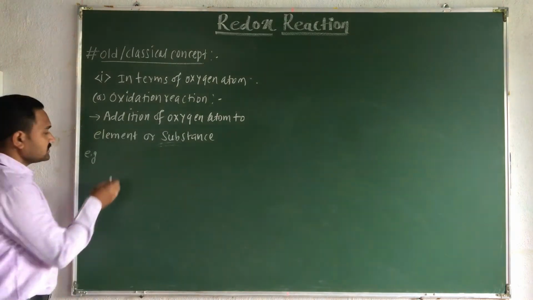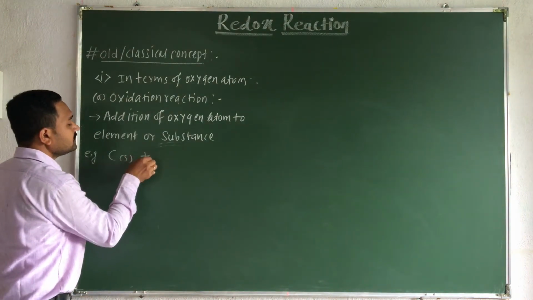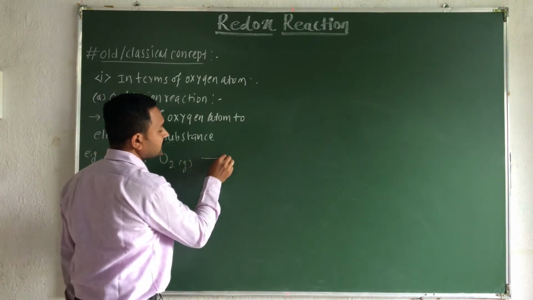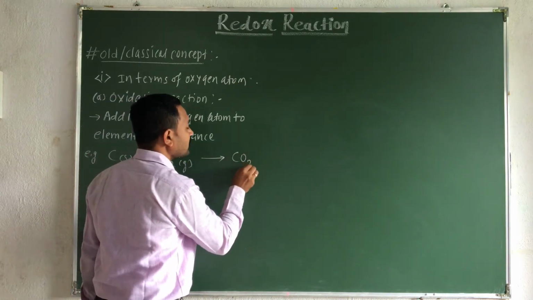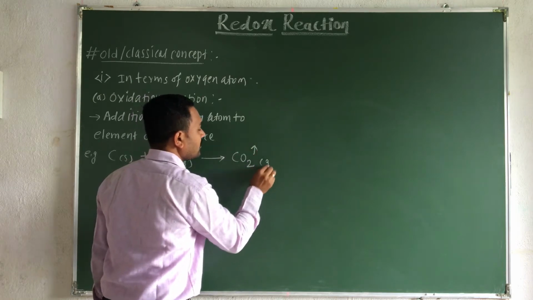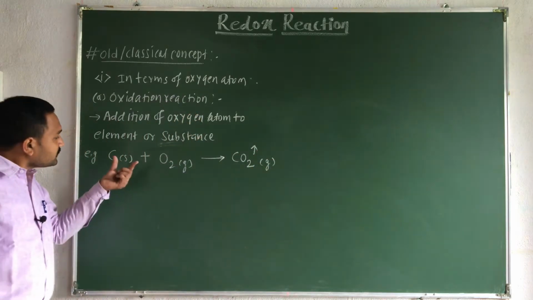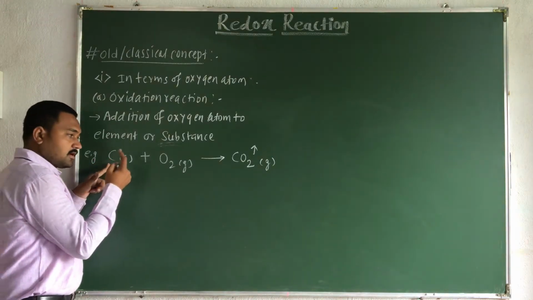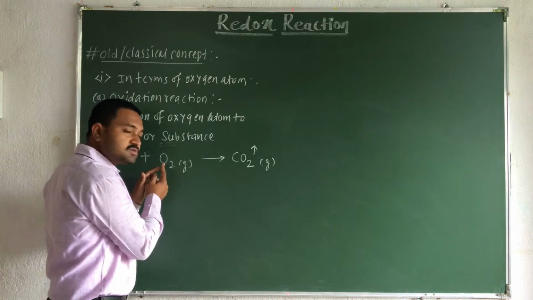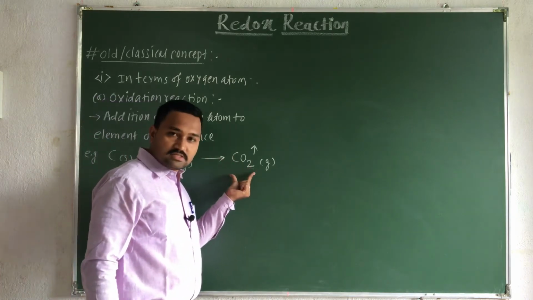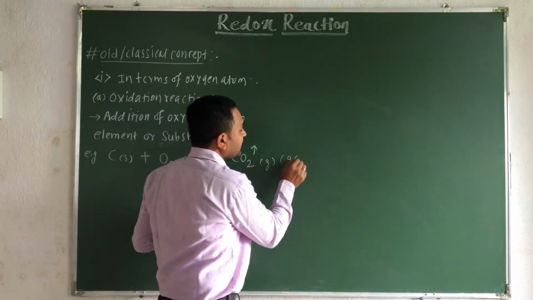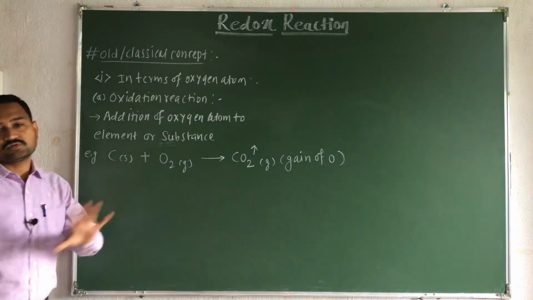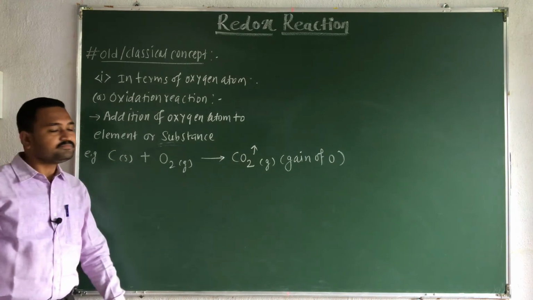For example, carbon in solid state combines with oxygen in the gaseous state and gives CO2, carbon dioxide gas. Here the carbon element combined with the oxygen gas, and it gives CO2. So here a gain or addition of oxygen takes place, hence this process is known as an oxidation reaction.